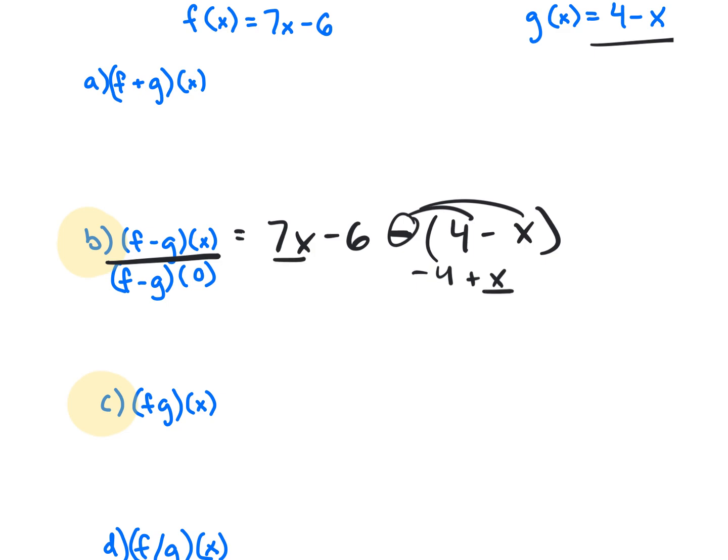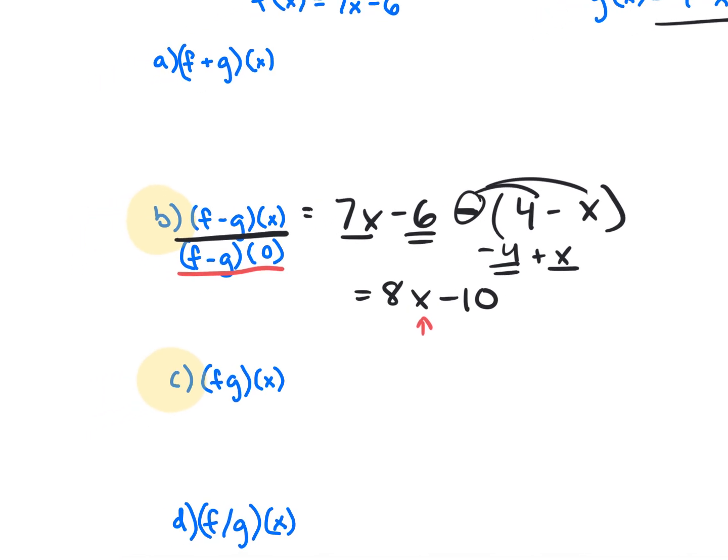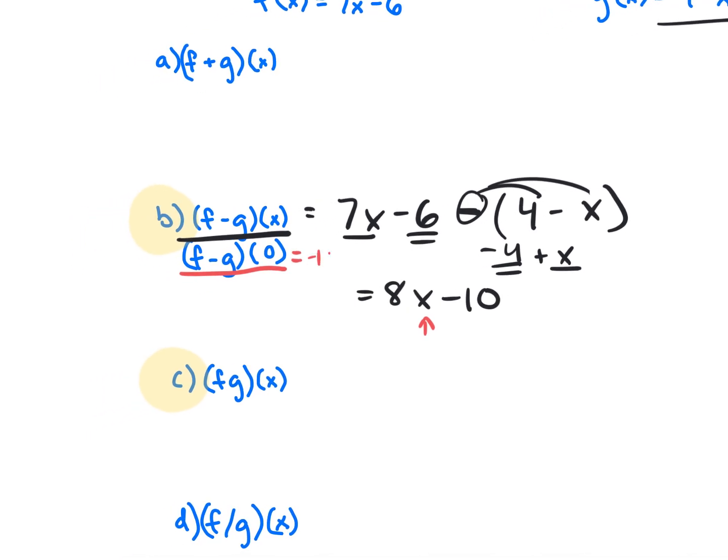So 7x plus x would be 8x. Negative 6 minus 4 would be minus 10. And then to find f minus g of 0, we can plug 0 into the x. So that would just give us negative 10.